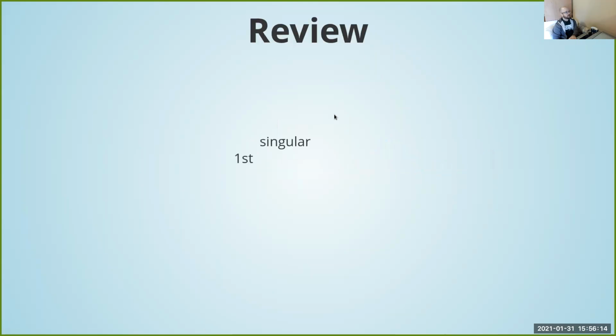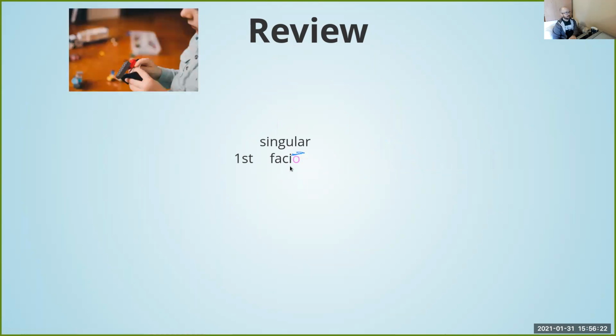Okay, so for review, let's take a look at the first person singular form of a verb that ends in Latin with a long O sound. And we'll use facio here. So this little person right here might say, aliquid facio. I'm making something.